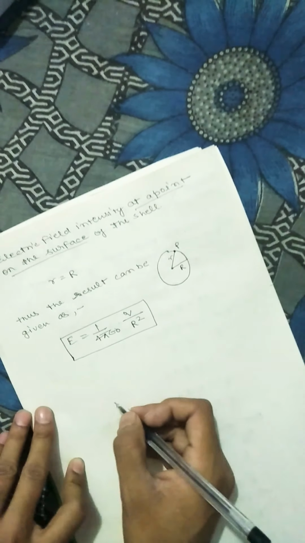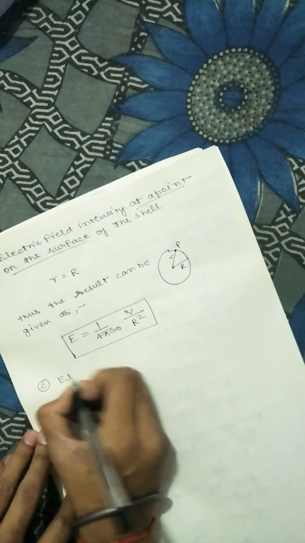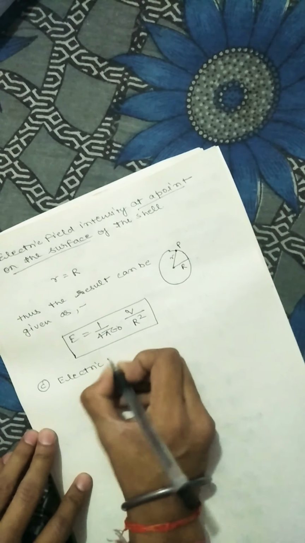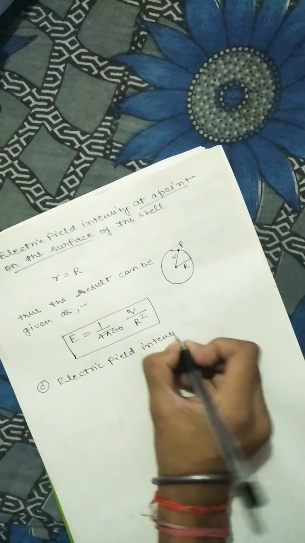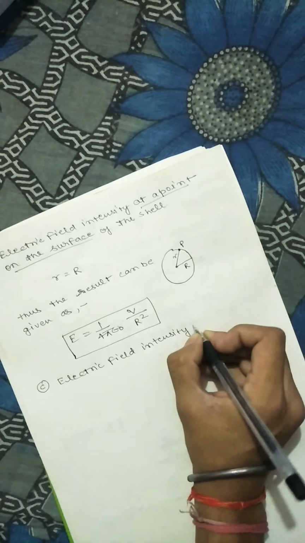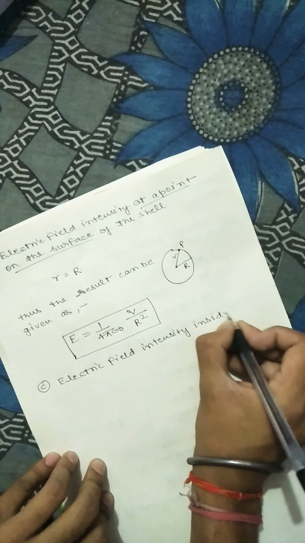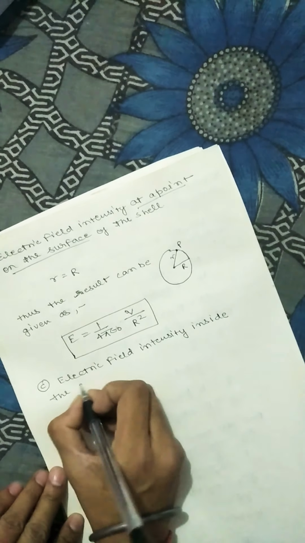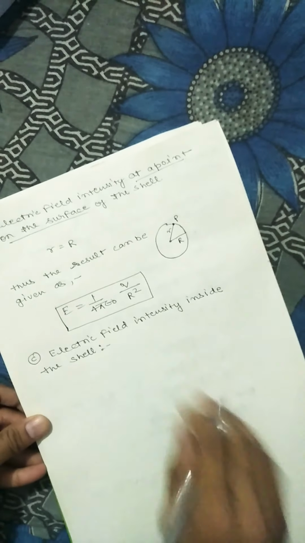Now the third one is the electric field intensity inside the shell. What would it be?